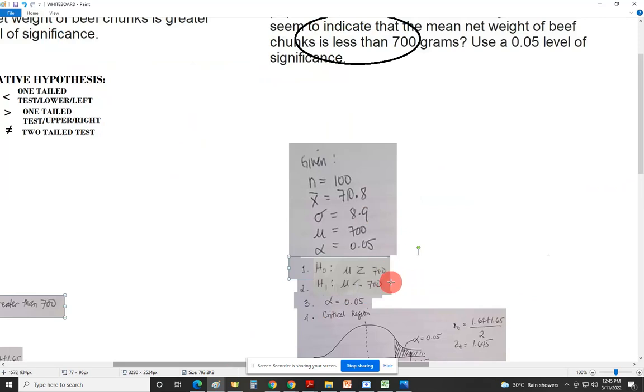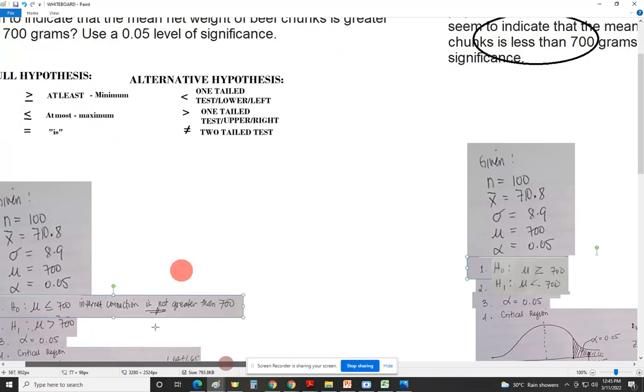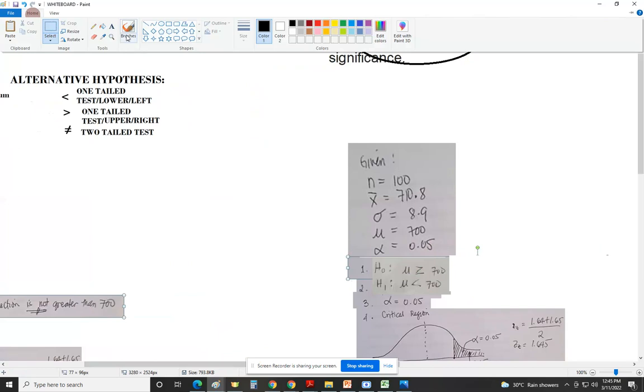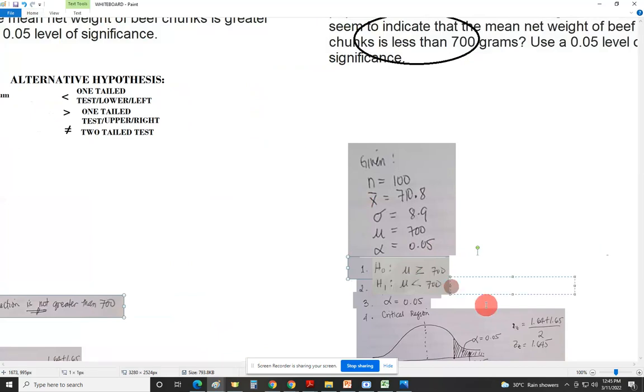Again, class, where did the greater than or equal to come from? Let's go back here. The partner of less than is greater than or equal to. We put greater than or equal to in the other hypothesis. So the claim is of the manufacturer or somebody. Maybe the manufacturer would not claim that his product is less than 700 grams. Maybe it's his competitor. Less than is the claim, and we put it in H sub 1.